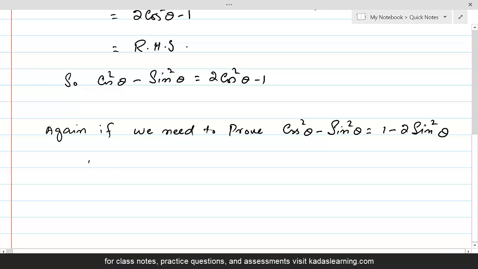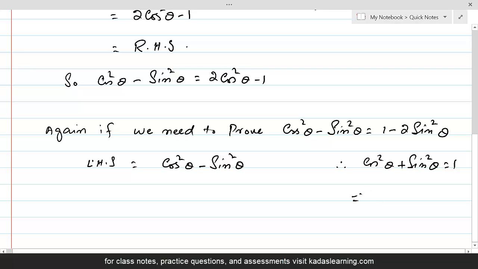So we again consider left hand side, which is cos square theta minus sin square theta, and take advantage of fundamental identity, which is cos square theta plus sin square theta equal to 1, and this time we need the value for cos square.